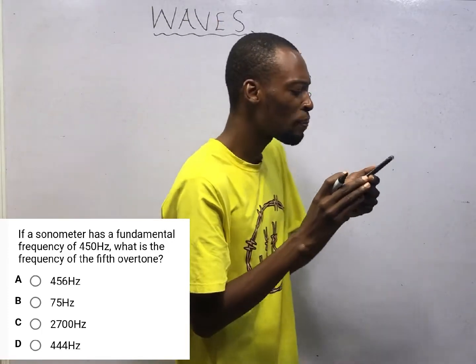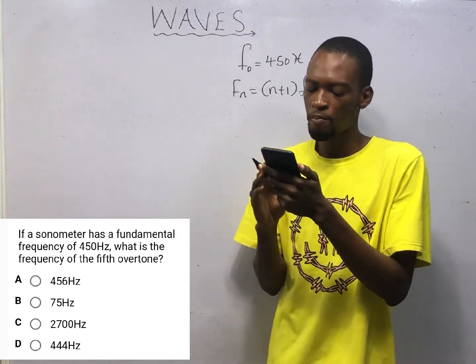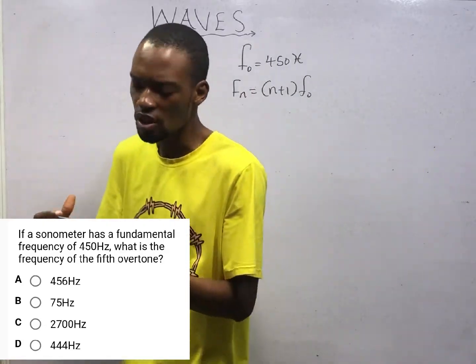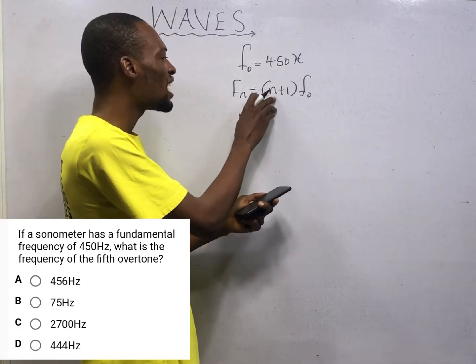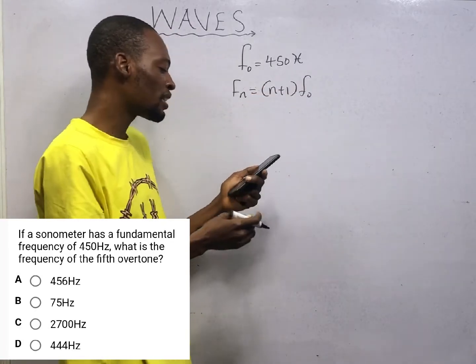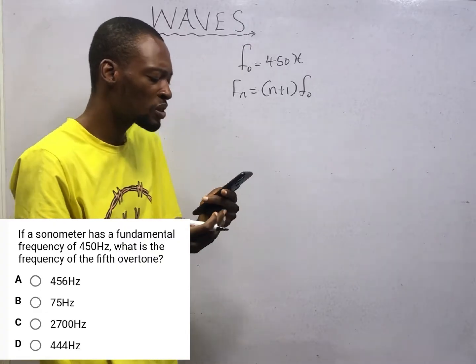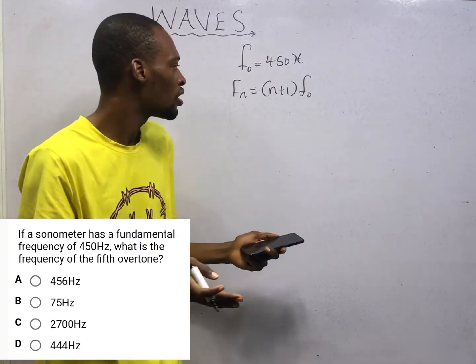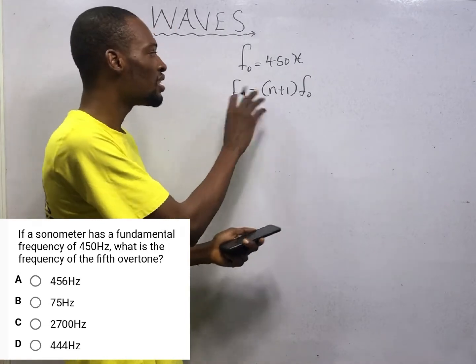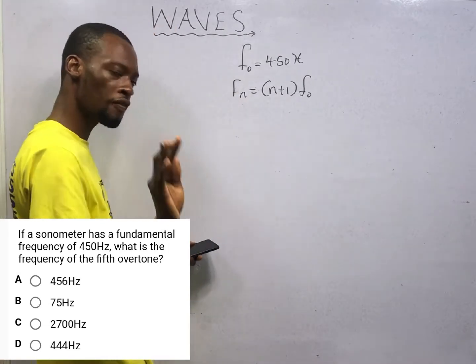So if you are asked for a particular overtone, you simply use this formula. The frequency of the nth overtone is equal to n plus 1 times the fundamental frequency. Since we are looking for the fifth overtone, it simply means that n is equal to 5.